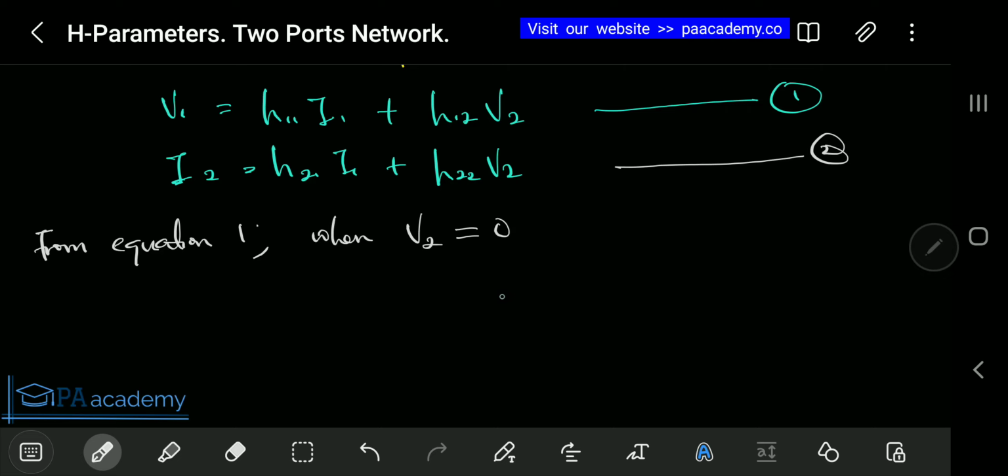What happens when V2 is equal to 0? That means what we are having here will definitely be 0, so we'll be left with just this. So what would that give us? That means we are going to have H11 equals V1 over I1. Exactly. So that is when V2 is equal to 0. Are we good? And we can also have it as this.